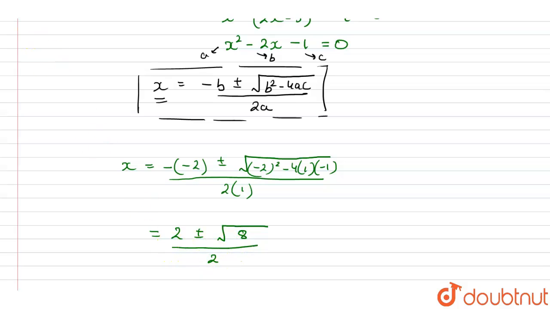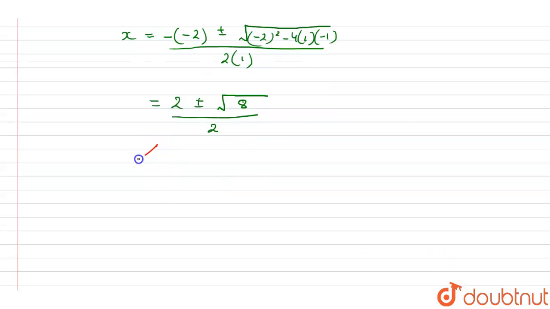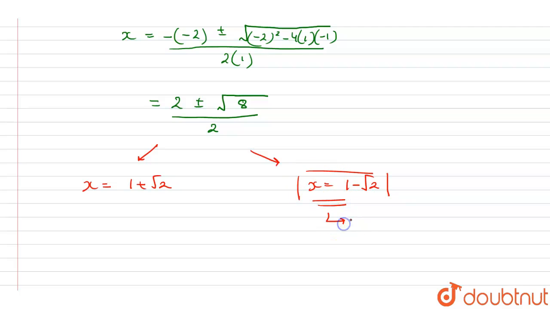Okay, so we'll get two values of x. One value of x will be equal to 1 plus root 2 and the other value of x will be equal to 1 minus root 2. Now we'll neglect this value because the value of root 2 is 1.41, so 1 minus 1.41 will become minus 0.41.